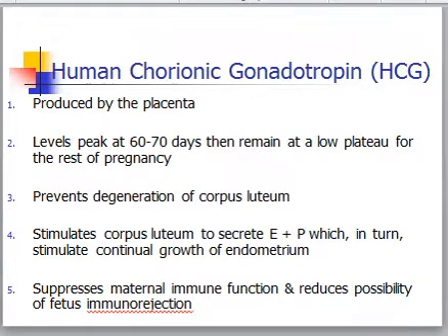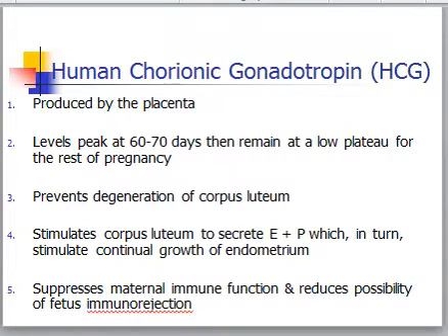So what is the main function? It appears in the maternal plasma as early as the 6th day after fertilization. Then the concentration decreases to 75% by the 25th week. So what is the main function?